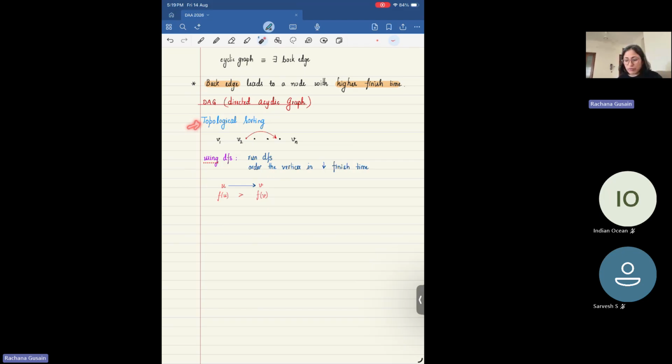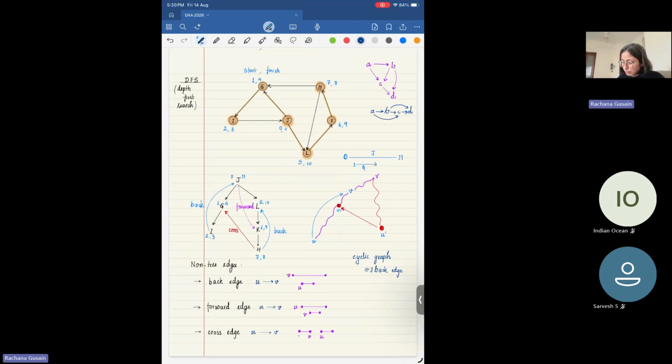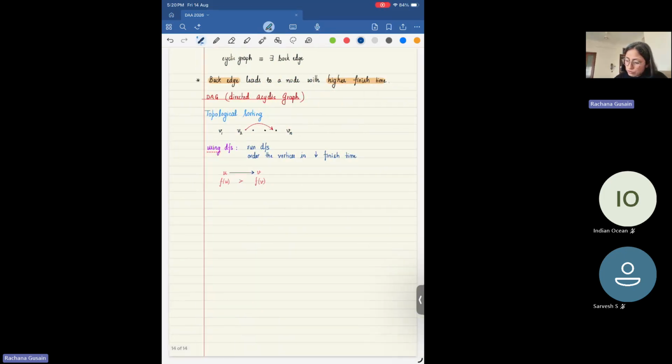If I want to do a topological sorting of a directed acyclic graph, I can use DFS to do it. And let's look at some more non-trivial applications of DFS. So one is, I think I did not discuss this problem in the previous session. The problem is finding something called the strongly connected components of a graph.